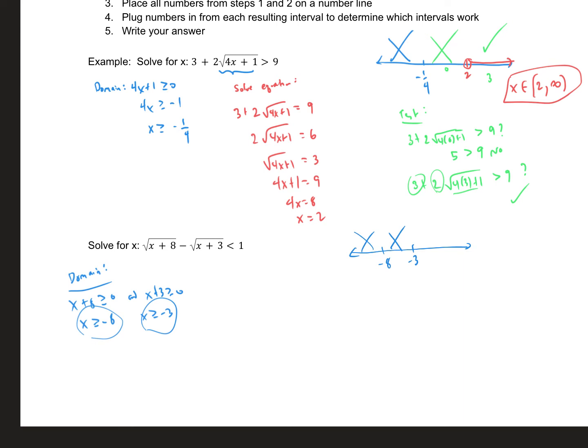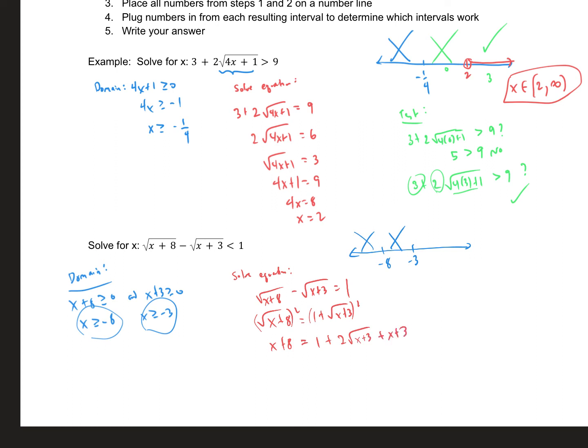So now I can focus on solving this equation. And if you remember, we isolate a radical, we square both sides, but on the right-hand side, when we square it, we'll have to FOIL that out. And when you FOIL that out, you're going to get 1 plus 2 times the square root of x plus 3 plus x plus 3.